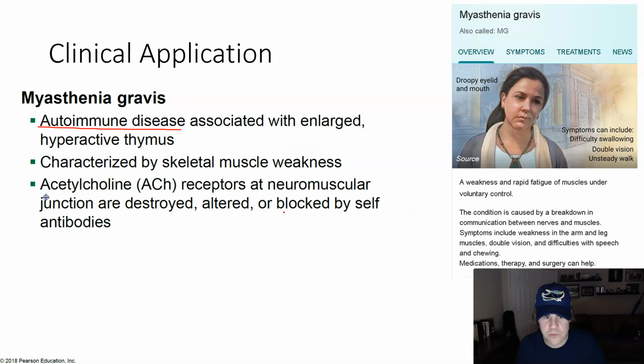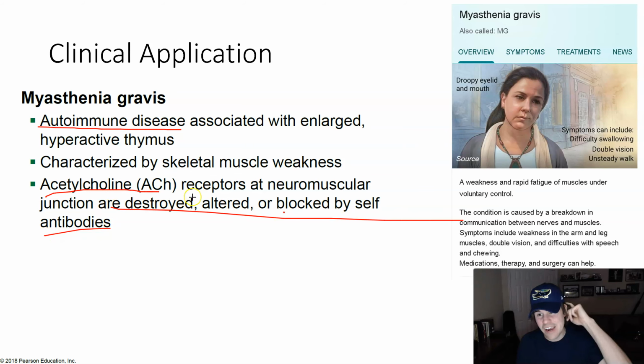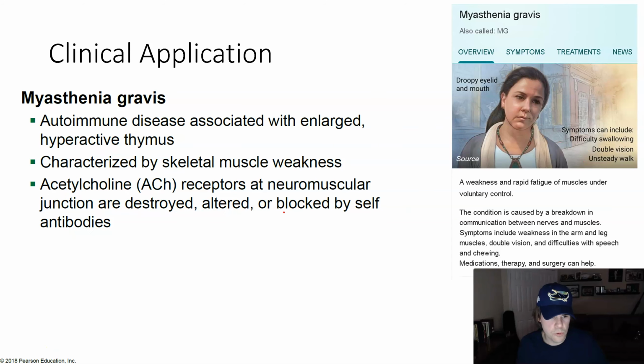And so ACh, remember ACh? Receptors are destroyed, therefore it can't bind, so the signal to contract is not there anymore. Symptoms can include difficulty swallowing, double vision, unsteady walk. But this is associated with a hyperactive thymus. Hyperactive, which means these cells are going well beyond what their normal role should be.